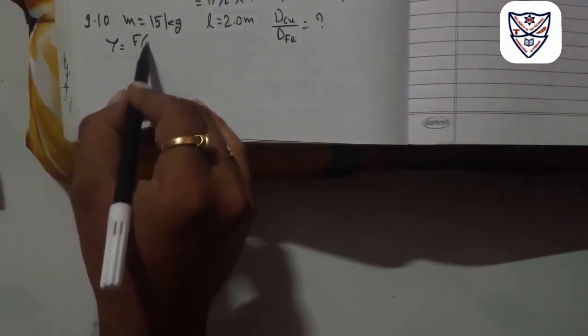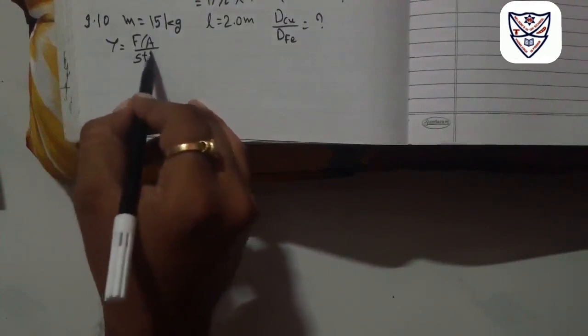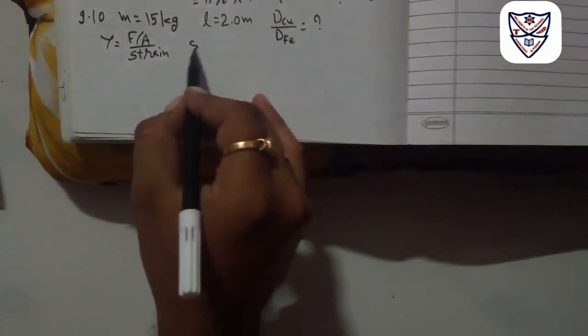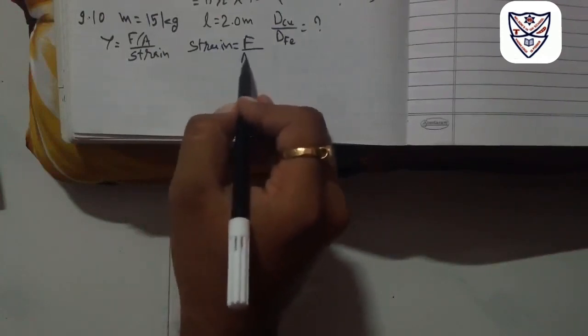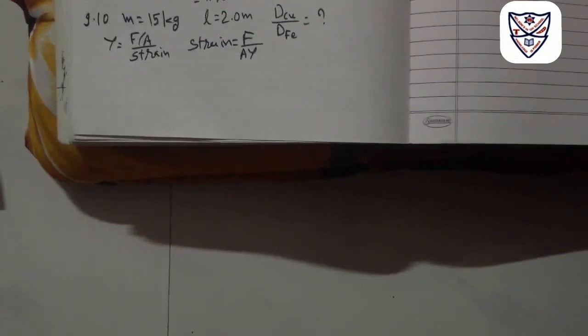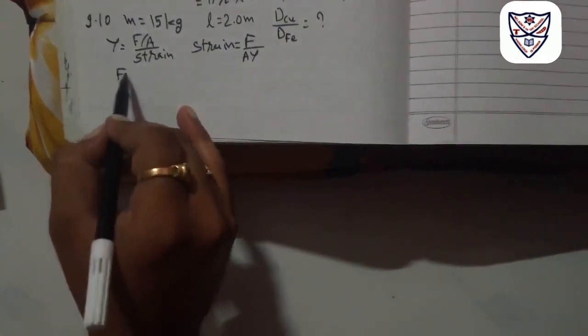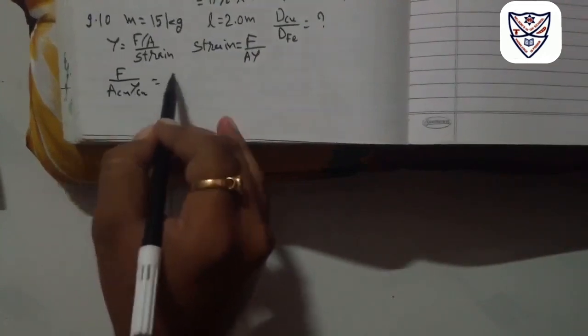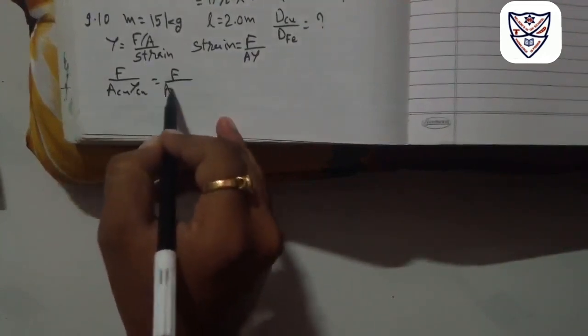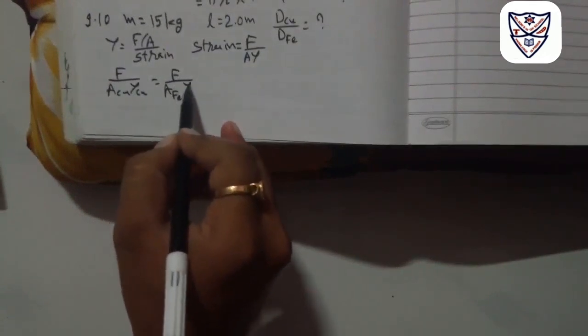Stress upon strain. See here, strain will be the same in both wires. So strain will be F upon A into Y, right? Now strains are the same, so I can write F upon A copper Y copper is equal to F upon A iron Y iron.